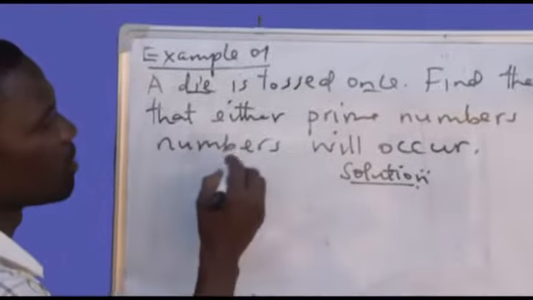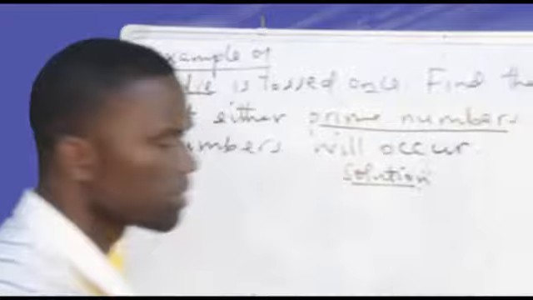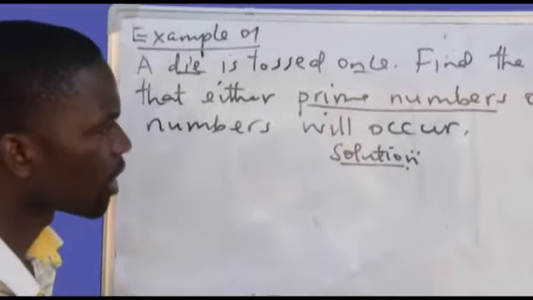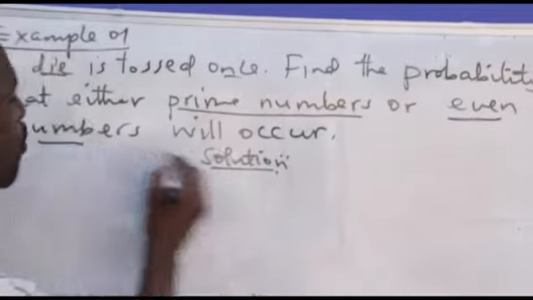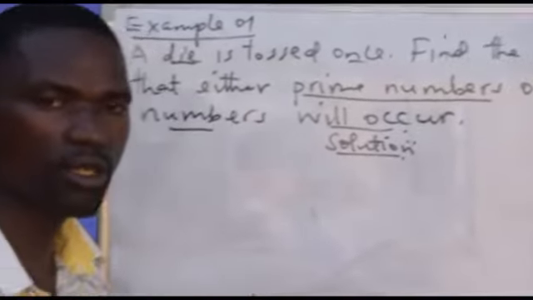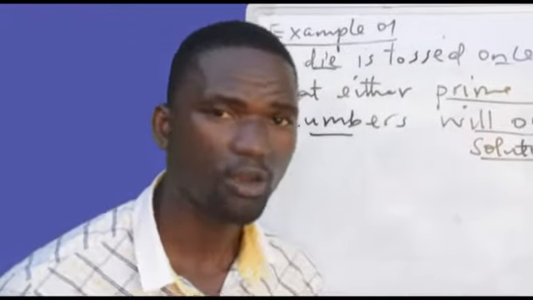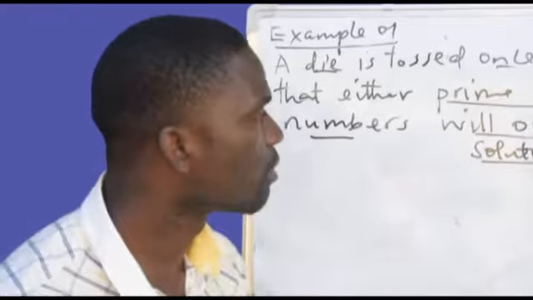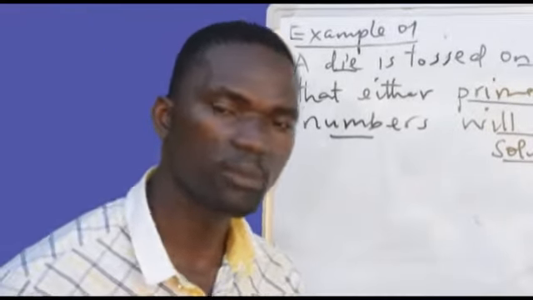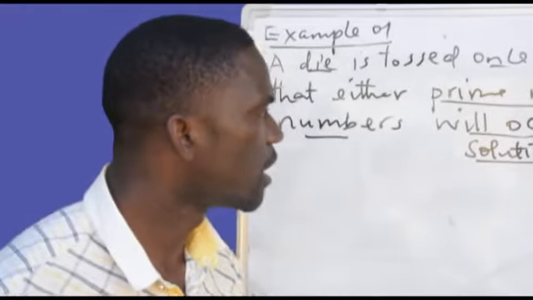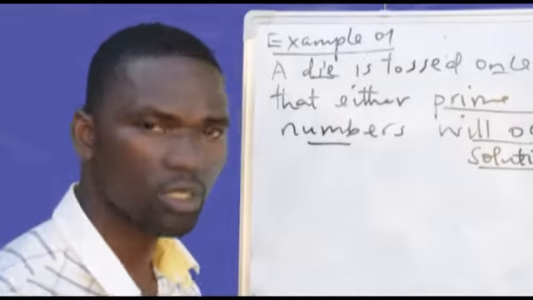Actually, here you have two events. One event is that prime numbers will occur. Another event is that even numbers will occur. So you have two events combined, which are actually mutually inclusive to one another.